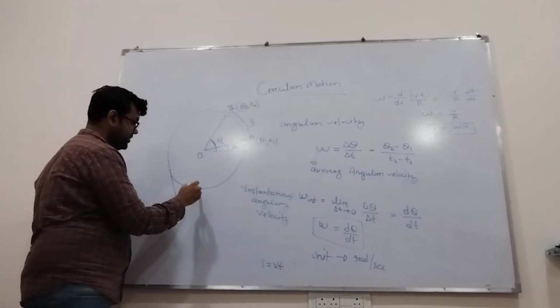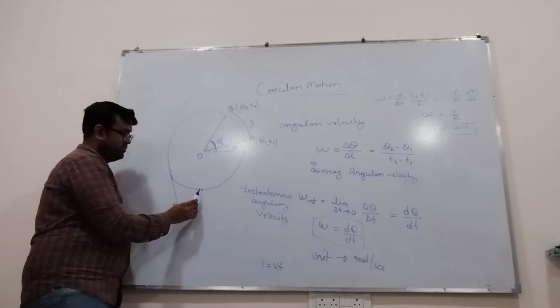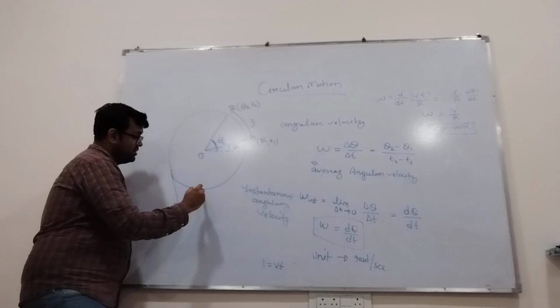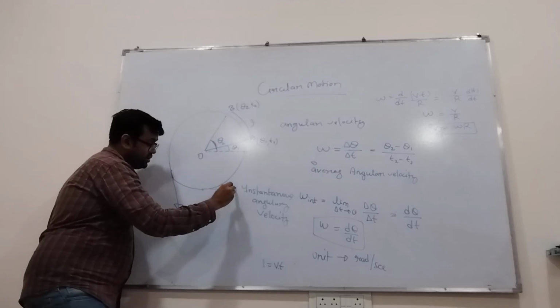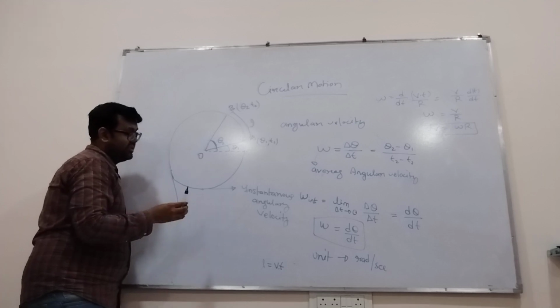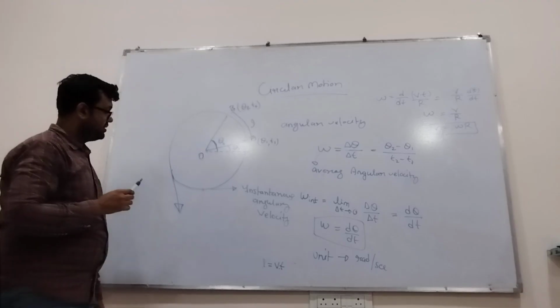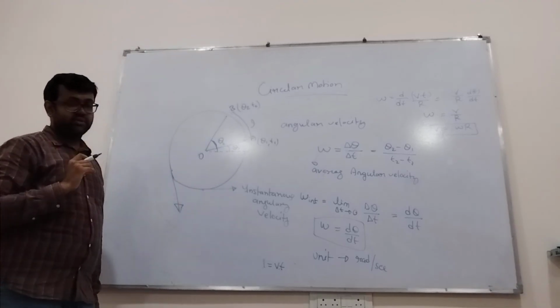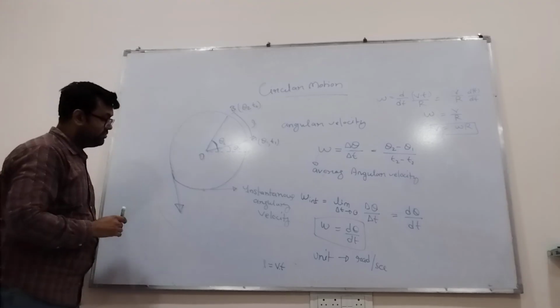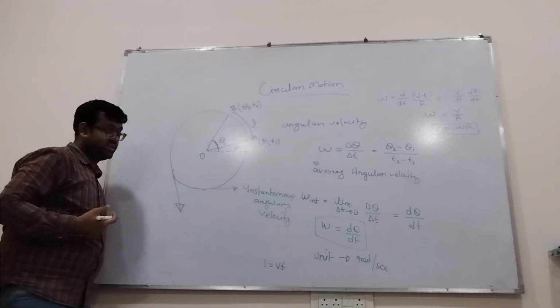The same, if we talk about this position of the particle, the object is moving in that direction. So if the object is moving with a uniform speed, the magnitude of velocity will also be the same. But here you can see the direction of velocity is always changing.